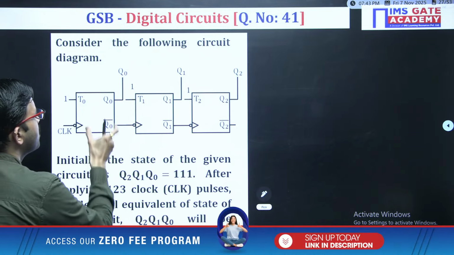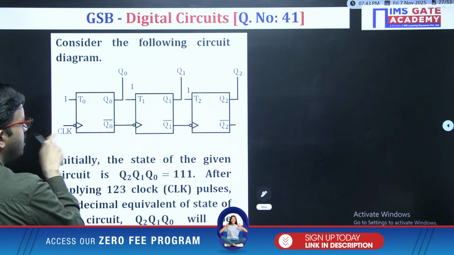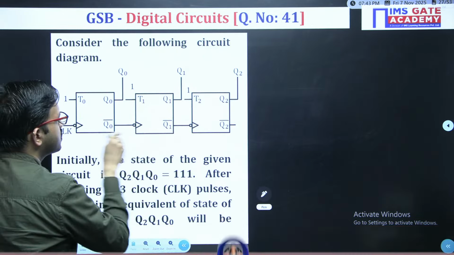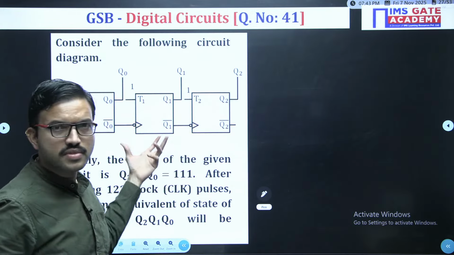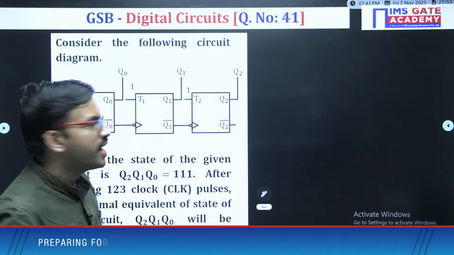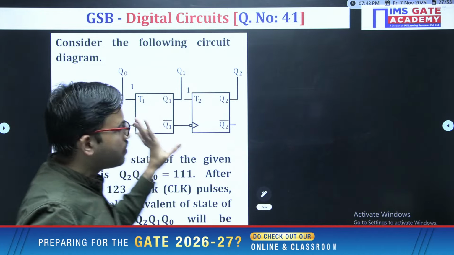Just observe here. You are having T flip-flops, and only for the first stage we are giving an external clock. For other stages, the output of the previous stage we are giving as a clock. That means it is a ripple counter, an asynchronous counter. And for every flip-flop, T value is 1. That means it is the binary counter.